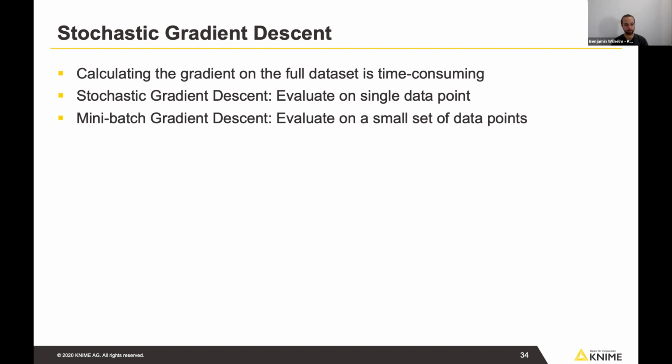So what we do is we only take a small batch of data points, evaluate the gradient on the small batch, and then adapt the model parameters. The gradient of the small batch is already very valuable for the model, so it will improve by just using this gradient.